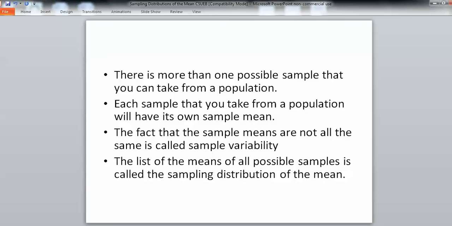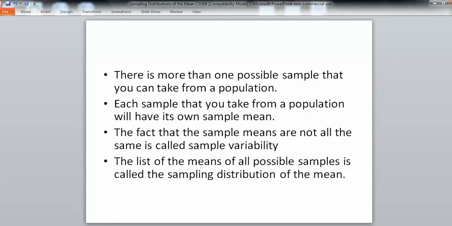And the reason that it would be called the sampling distribution of the mean is because I'm calculating the mean of every possible combination. If I wrote out all possible combinations of 50 people and I calculated the median of every possible combination, and then I listed out the median of each possible sample of 50 people, then my list would be called the sampling distribution of the median.